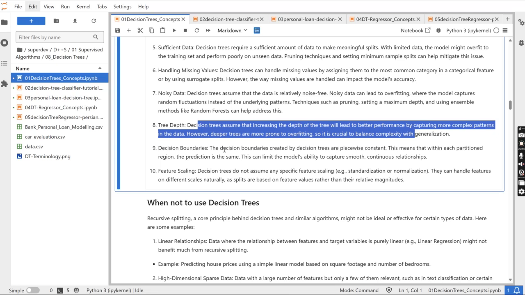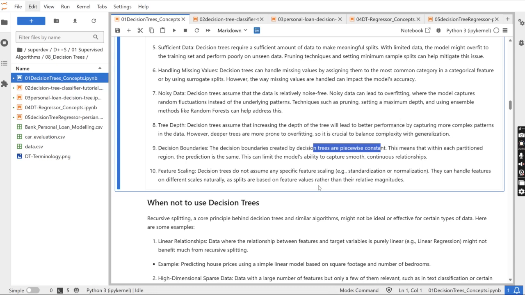And decision boundaries: as you already saw above, decision trees generate a piecewise constant. We will see what we exactly mean by this. At every split a lot of data points will show up, and that gives a feeling as though there is a piecewise constant.